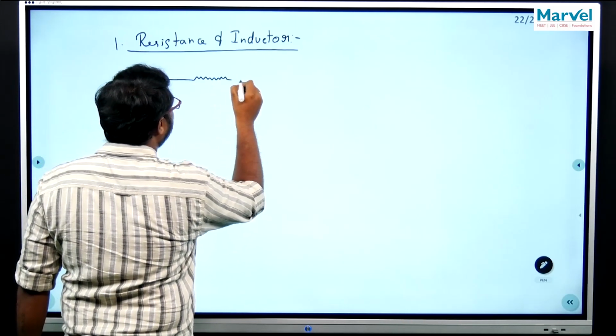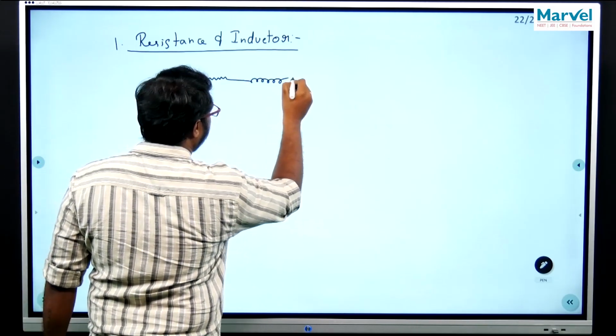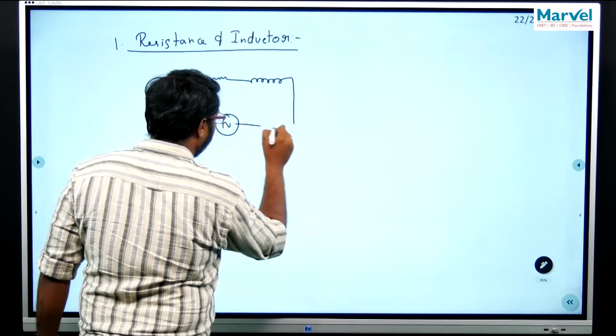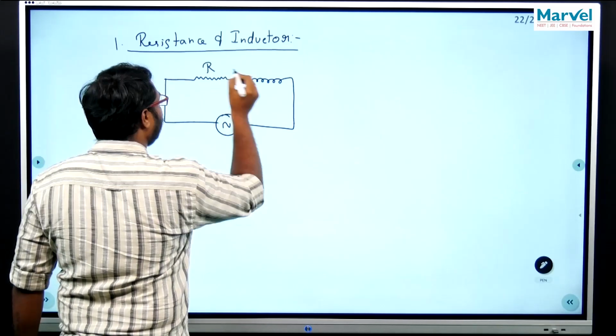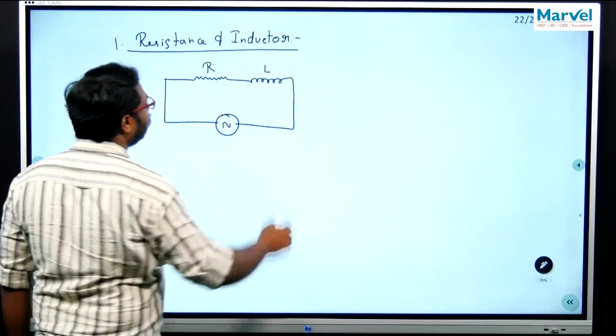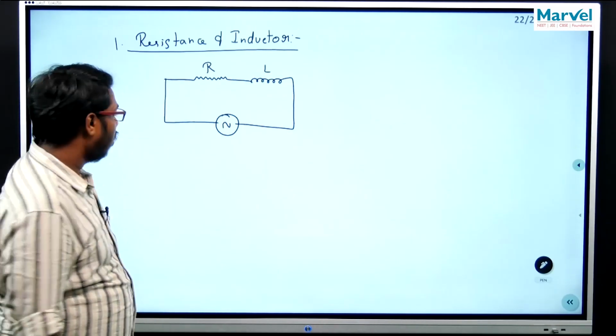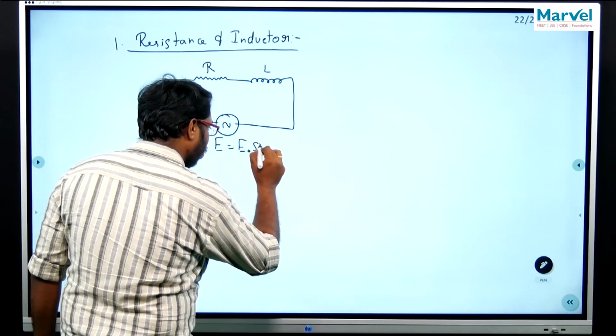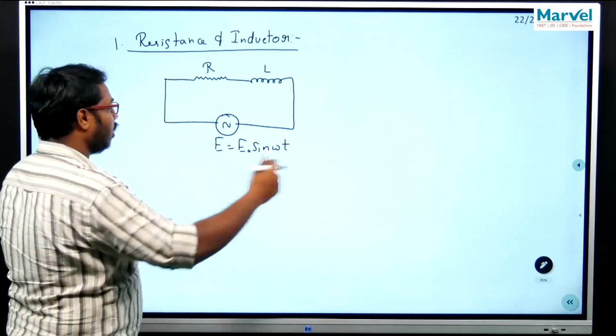The resistance is like this and the inductor will be like this, and I will be connecting it to an alternating source. This has a value of R and this has a value of L, and the EMF is going to be E0 sin omega t as usual.